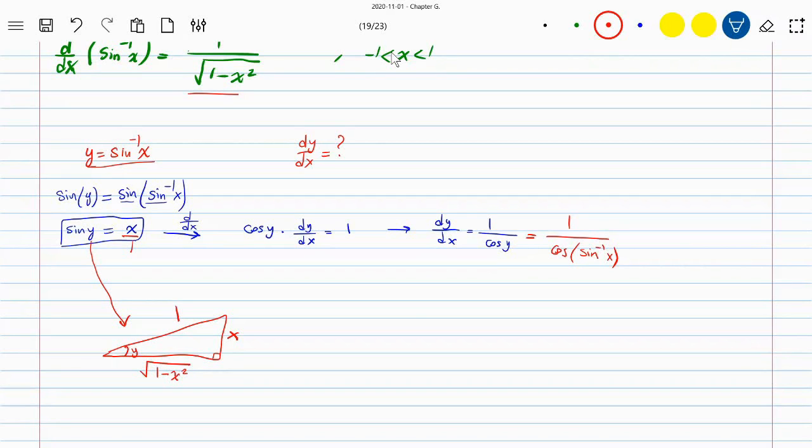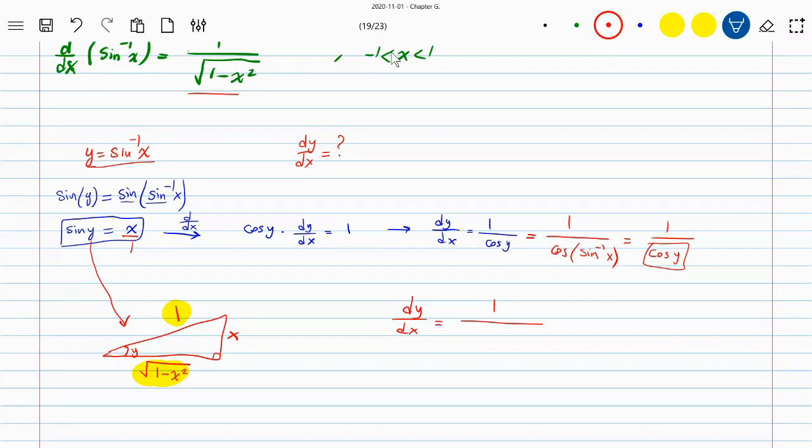So here, dy over dx equals 1 divided by, what is cosine of sine inverse of x? It is the same as saying 1 over cosine of y again. In this case, we can answer what is cosine of y. Using the triangle, it would be the adjacent divided by hypotenuse.